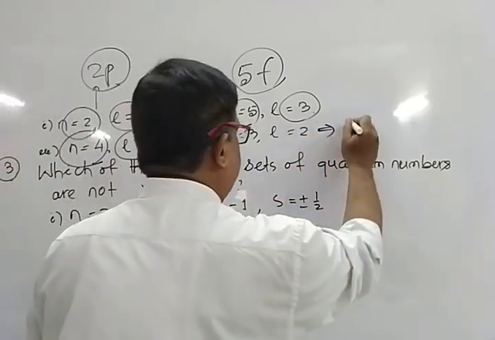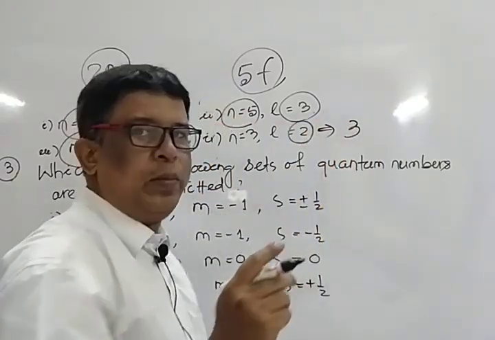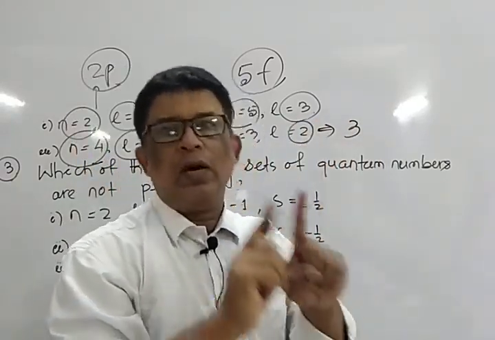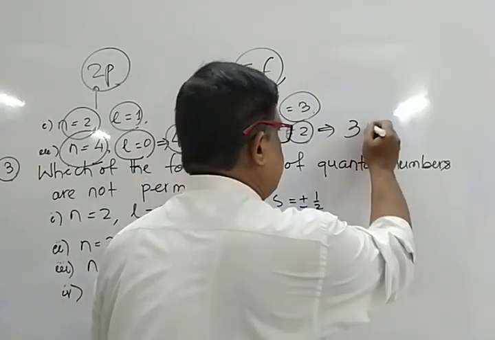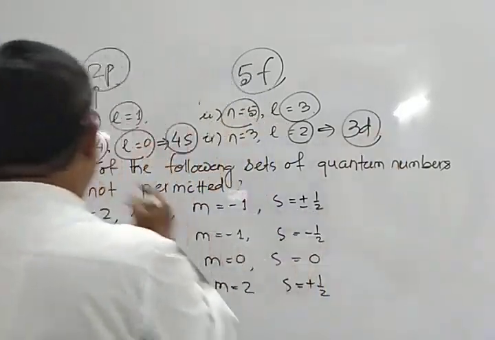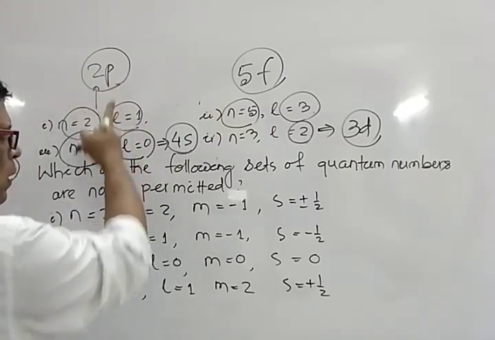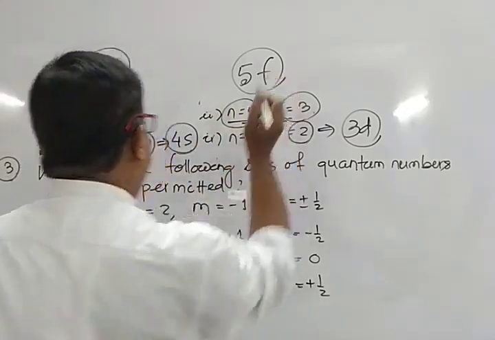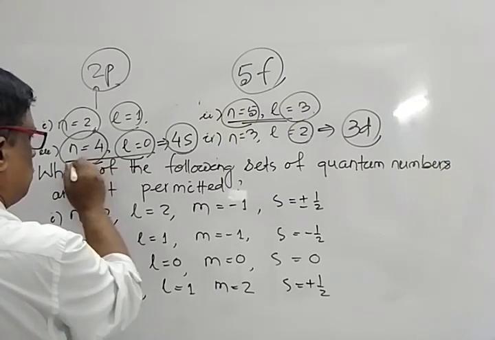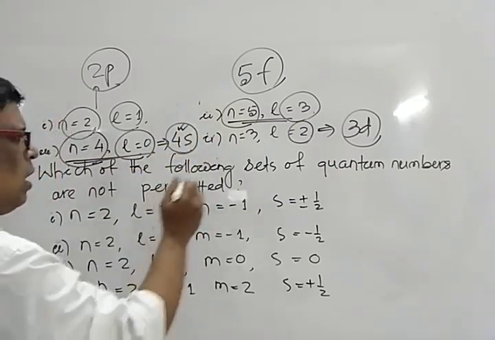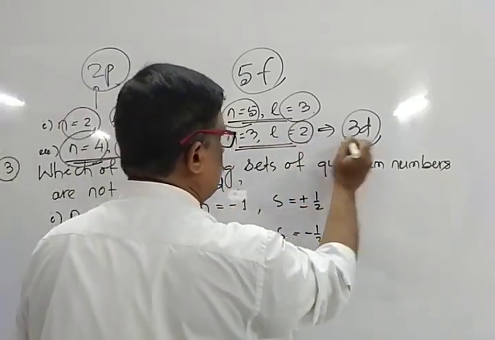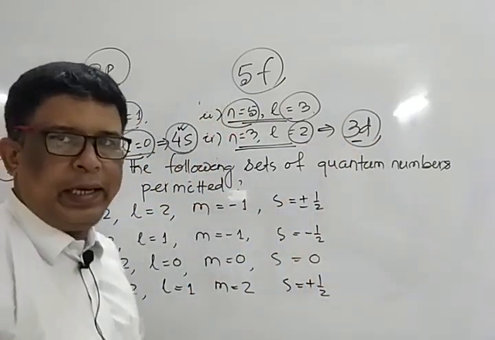Here n is equal to 3, l is equal to 2, means 0 is S, 1 is P, 2 is D, that is 3d. So principal 2, azimuthal 1 is 2p; principal 5, azimuthal 3 is 5f; principal 4, azimuthal 0 is 4s; principal 3, azimuthal 2 is 3d.